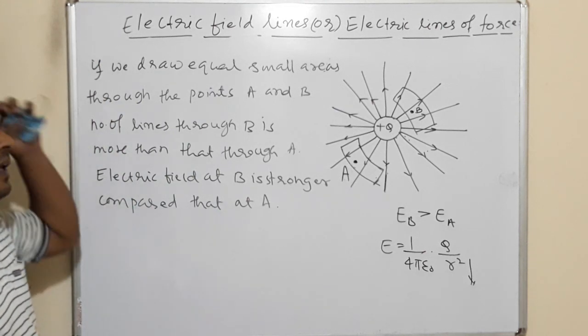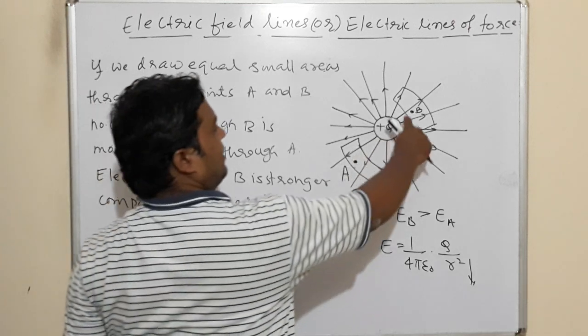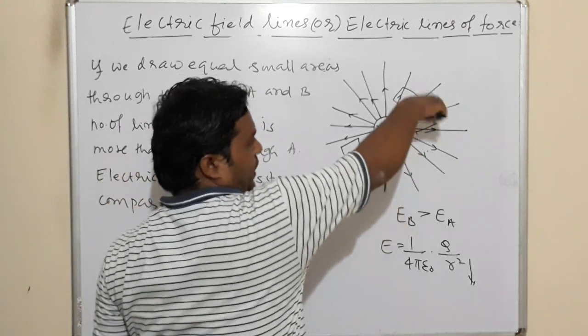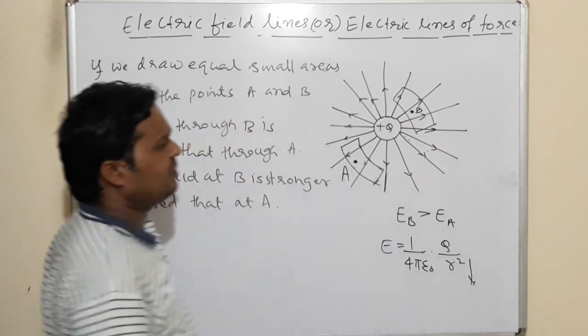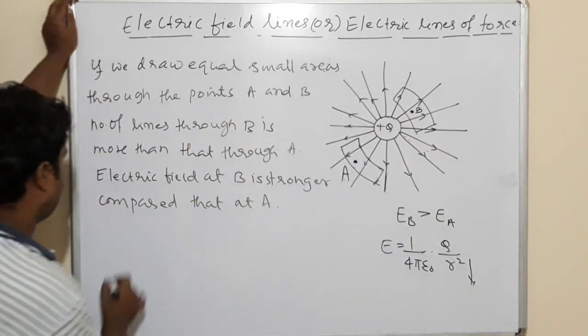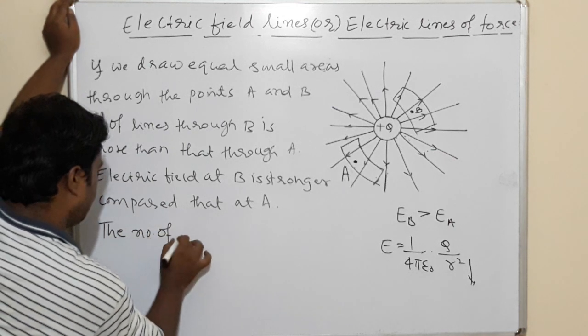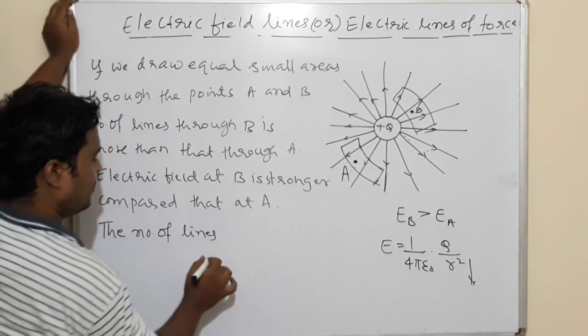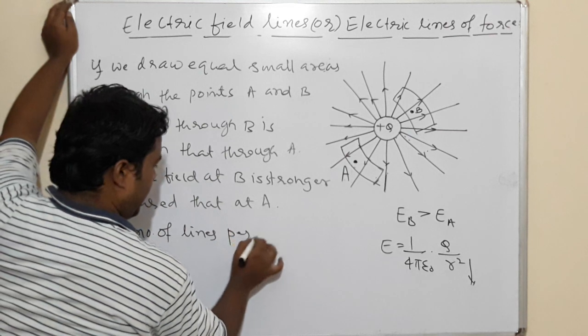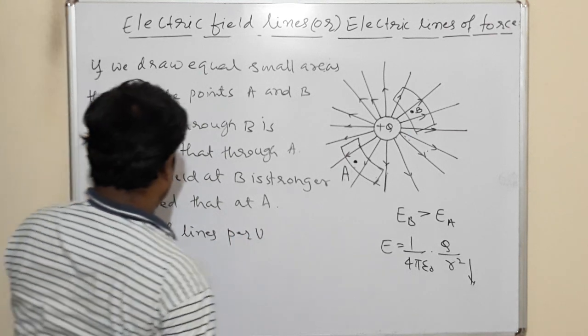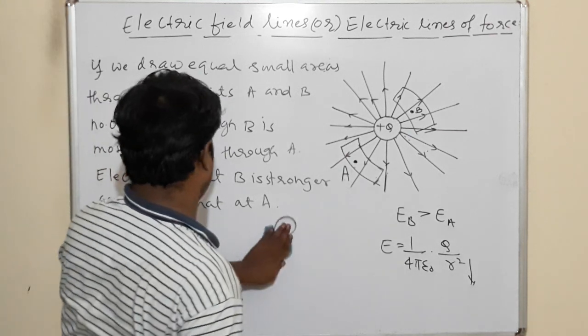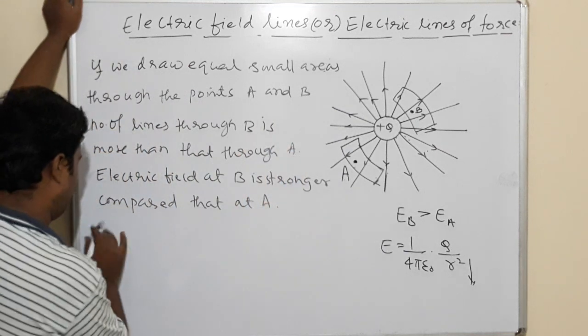Wherever the field is stronger, the number of lines per unit area will be more. It means the number of lines per unit area, or you can say if more lines are there through an area, the field will be stronger.